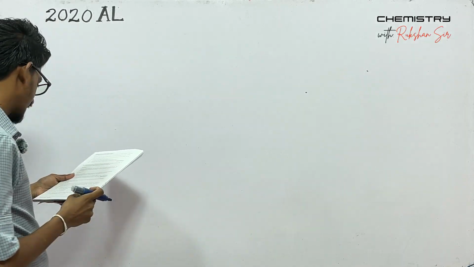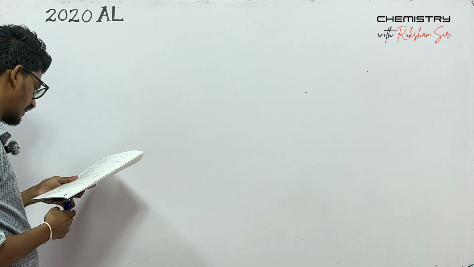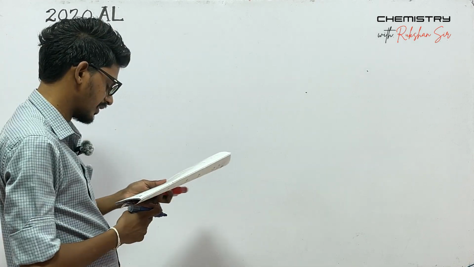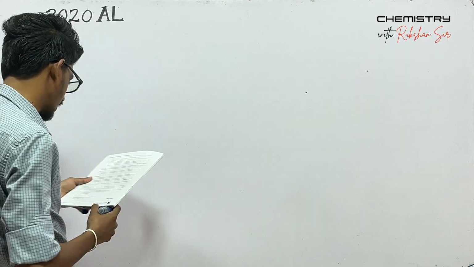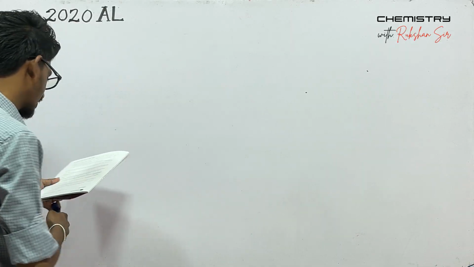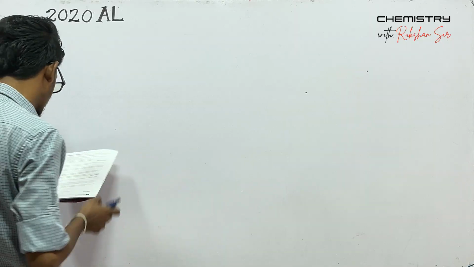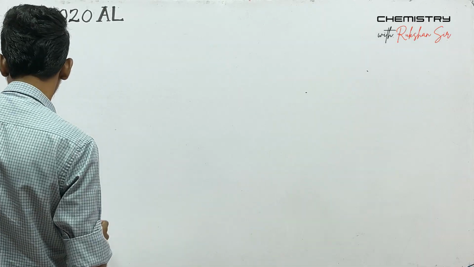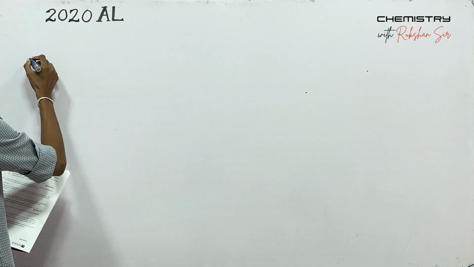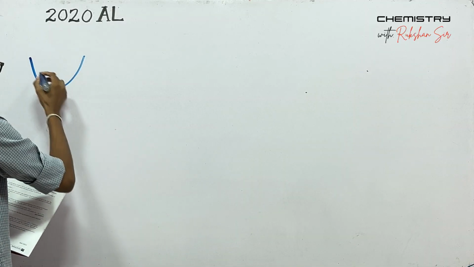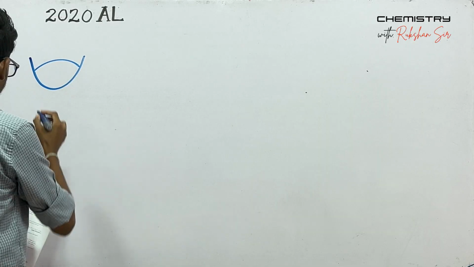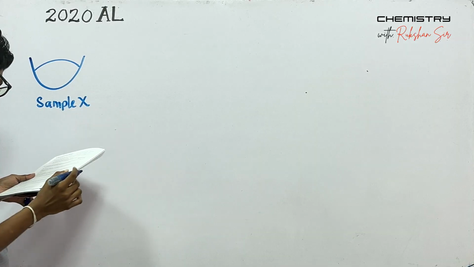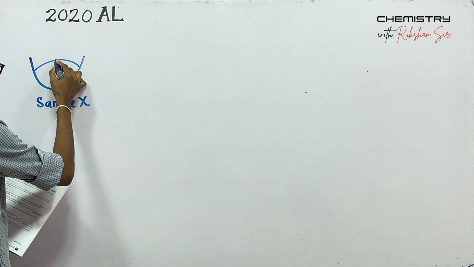You have the solid X which contains copper sulfide, actually cupric sulfide and cuprous sulfide, Cu2S and CuS. The following procedure was used to determine the percentage of Cu2S in X. So they are saying you have a sample X, which has the Cu2S and CuS.